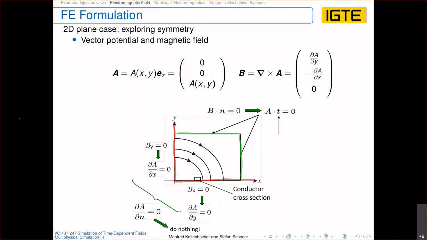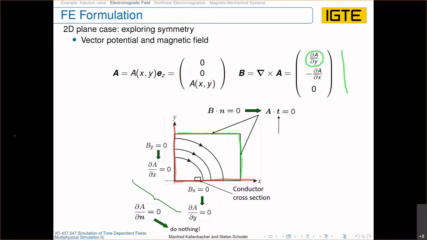But on the other hand, we have a symmetry here. We know that the magnetic flux lines will look something like this, which means along the y-axis you will have no y component of B. If we look at our explicit expression, that means that the partial derivative of A, the z component of our magnetic vector potential, with respect to y, one moment.